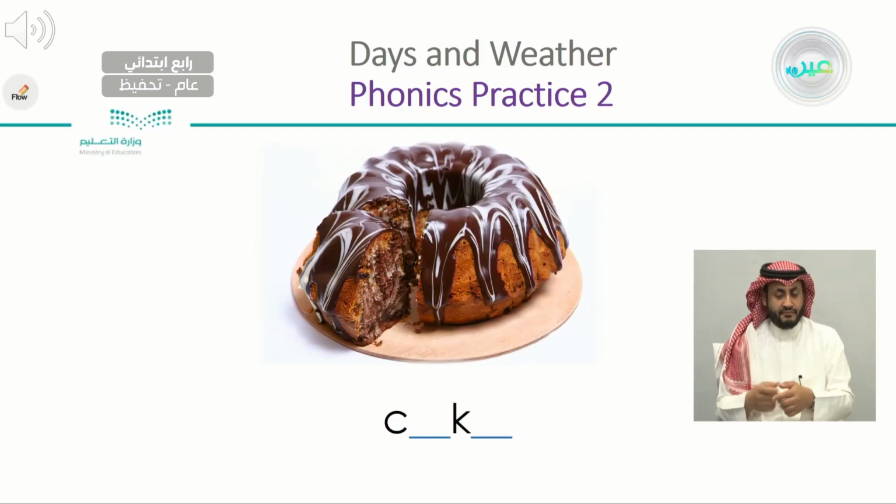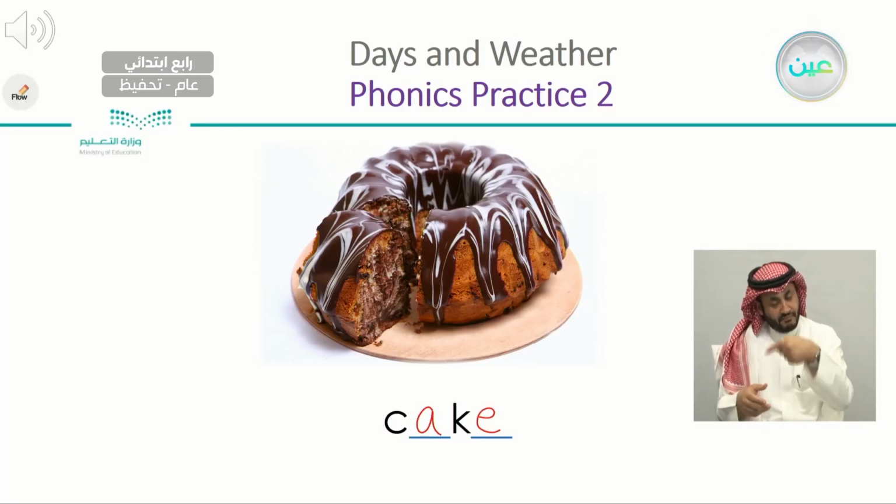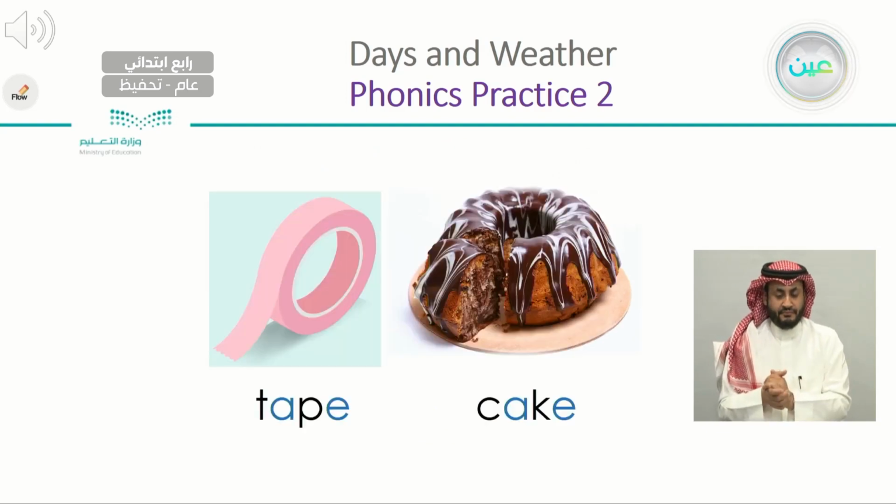Now, what letters are you going to put? Cake, cake. We're going to add an A and an E. Excellent. Cake. Let's listen to both words. Now you make the sounds and say the words.